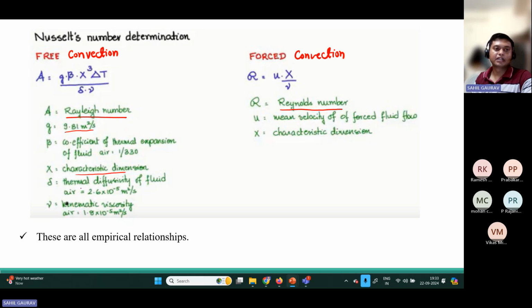Delta is the thermal diffusivity of air, 2.6 into 10 to the power minus 5 meter square per second, while mu is the kinematic viscosity of air, 1.8 into 10 to the power minus 5 meter square per second.